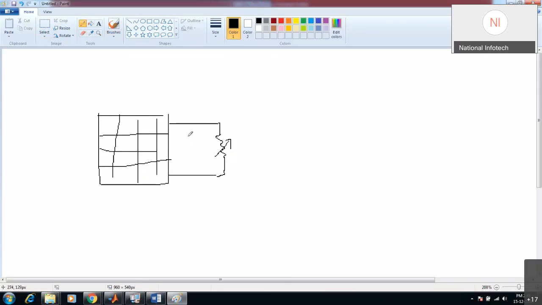You vary this resistance and you measure the voltage here and the current here.